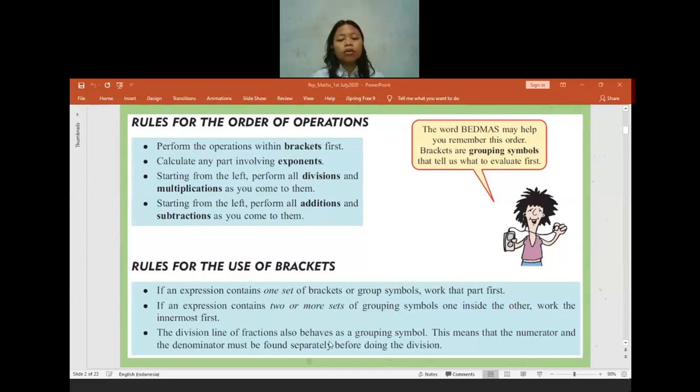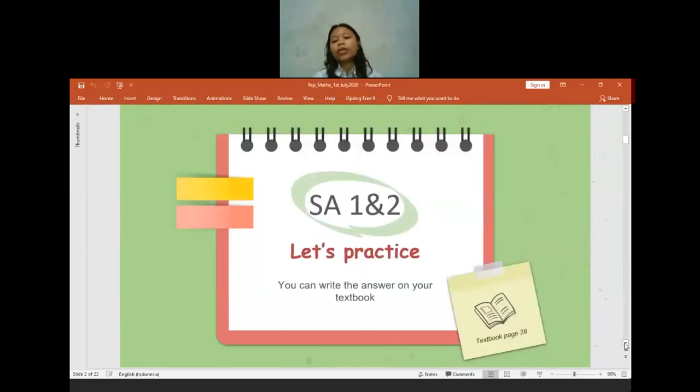Is there anyone confused? No. Okay, if you have no difficulties, let us discuss the questions from your textbook. It is on your textbook, page 28. We are going to discuss student assessment 1 and student assessment 2. You can open your textbook, page 28.